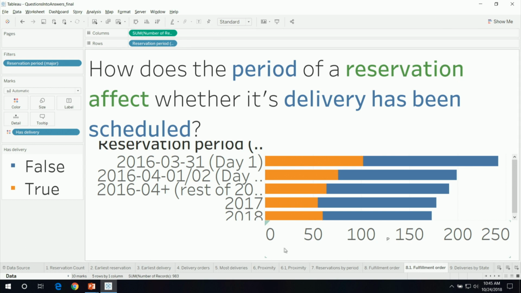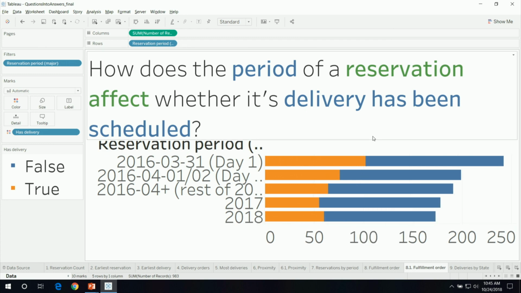Boy, it's hard to get that spot. Okay, happens to us too. How does the period of the reservation affect whether its delivery has been scheduled, right? This is a little clearer description of the question.